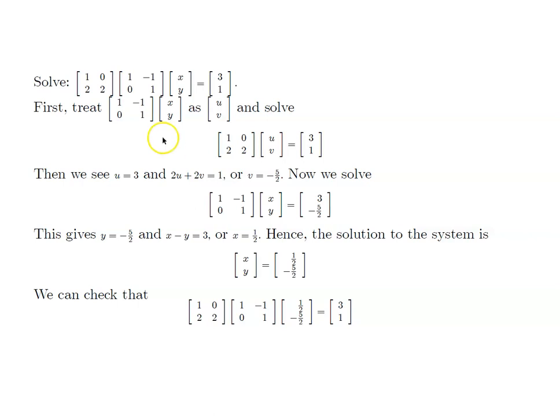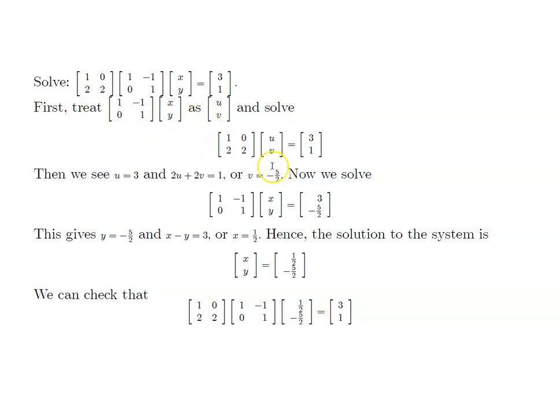First, notice that if we group the second two matrices together and multiply, it would still have x's and y's in it. So let's just treat that result, a 2 by 1 matrix, as a single variable to start with and call it [u,v], the variable we're trying to solve for.